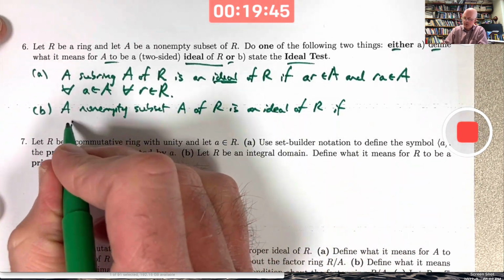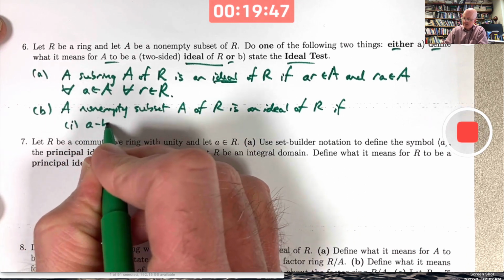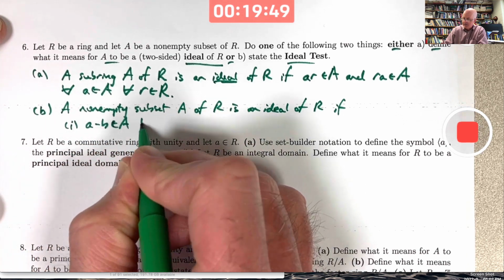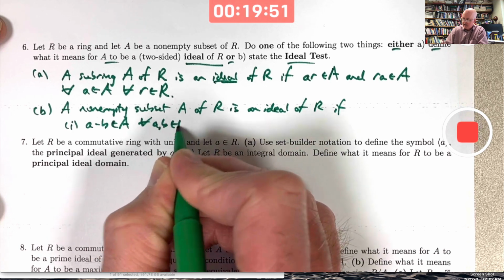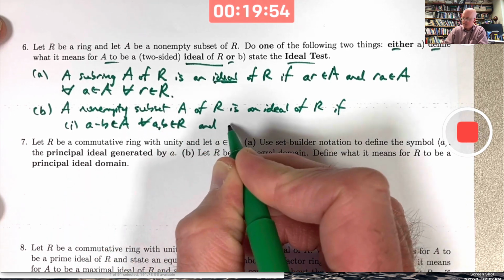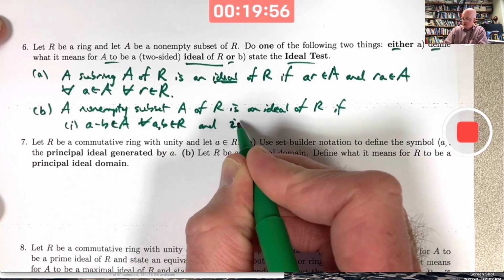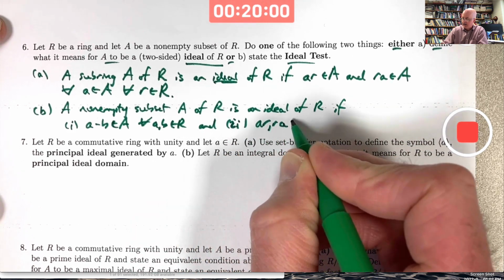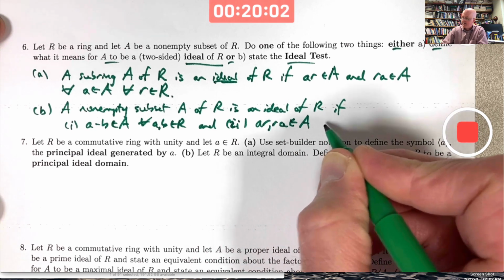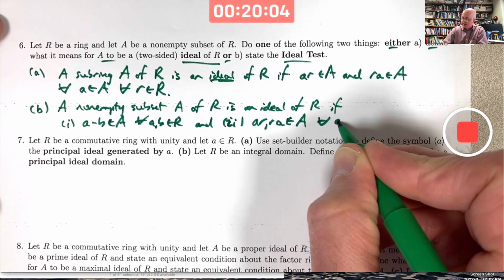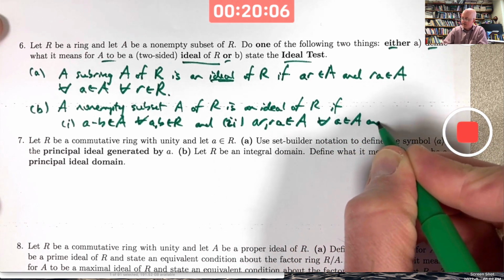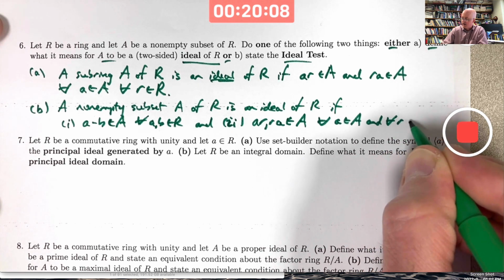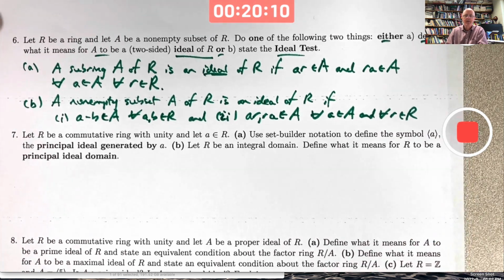Part 1, a minus b is in A for all a and b in A, and it's got to be superclosed. Property 2, ar and ra are in A for all, once again, little a in capital A, and for all little r in capital R. Okay?